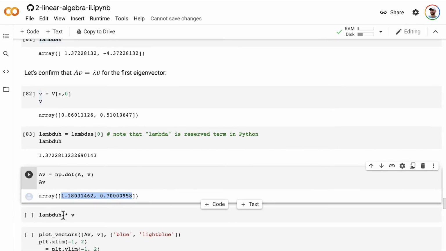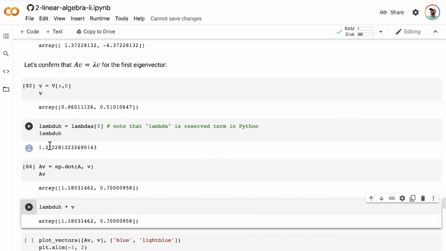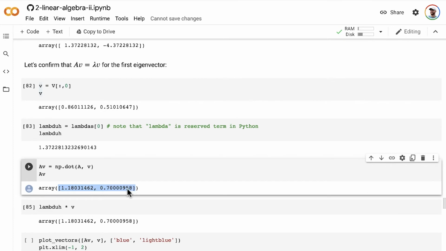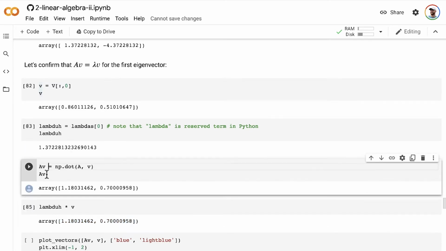And then we can also multiply our eigenvalue by the eigenvector V, and in both cases we get the same result, therefore proving that the left side of this equation, which we calculated here, is equal to the right side of the equation, which we calculated here.